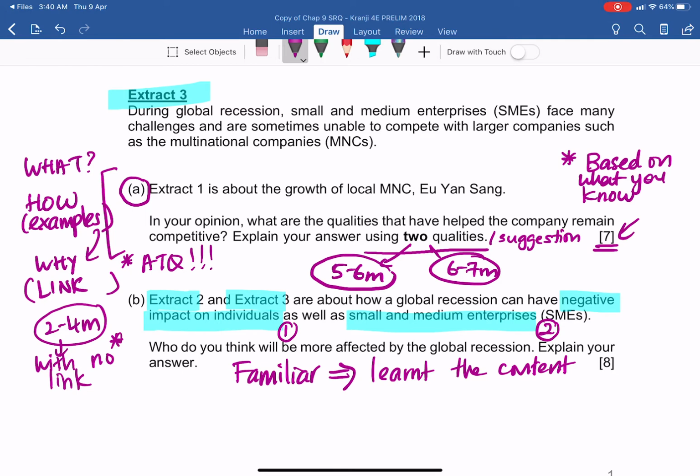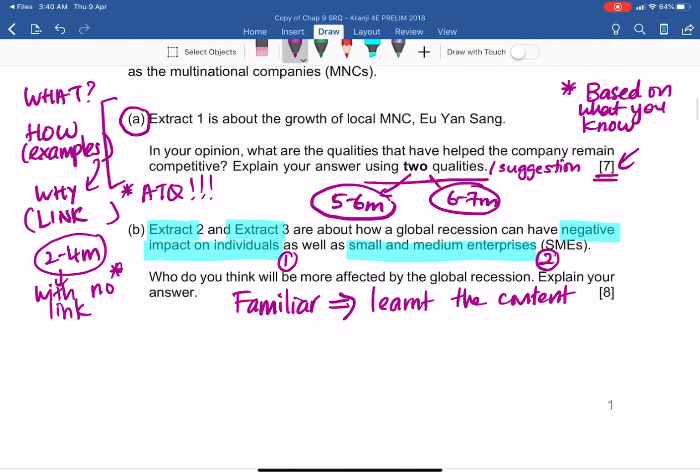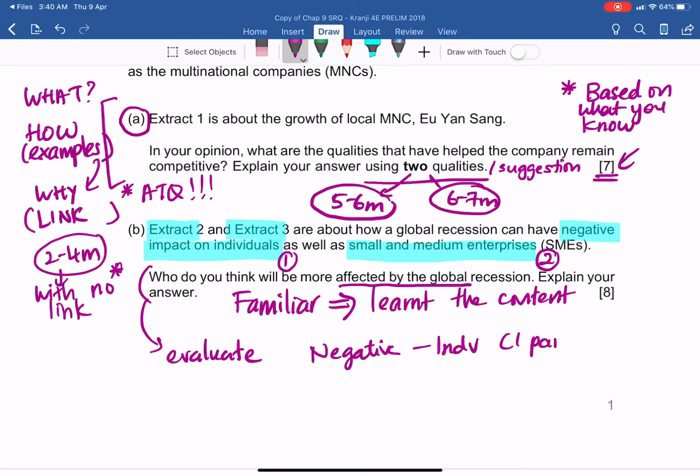Okay, and the question is a weighing question. That means you need to evaluate the question. Who do you think will be more affected by the global recession? So in terms of marks, if you are able to explain, for example, negative impact on individuals, which is 1 paragraph, and if you're able to do a very well explained paragraph, it's between 5 to 6 marks.